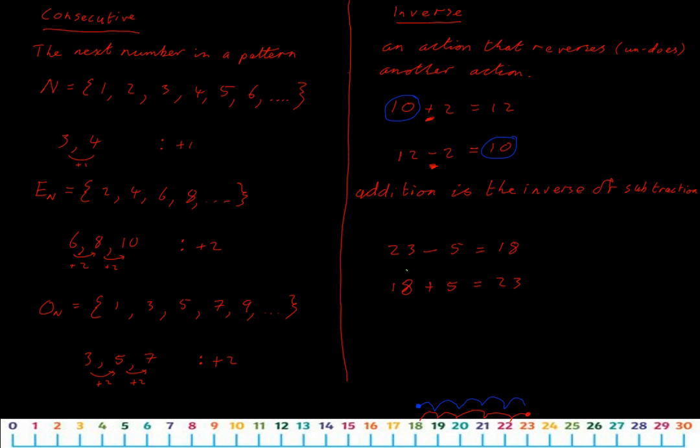So that's why we're talking about this in terms of addition and subtraction, and we're going to look at it in terms of multiplication and division as well, because as it turns out they're also inverses of each other. So we're going to look at that in more detail later on, and it's going to be really important next year.